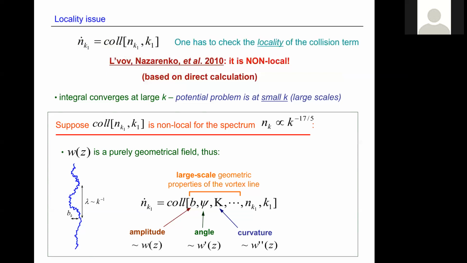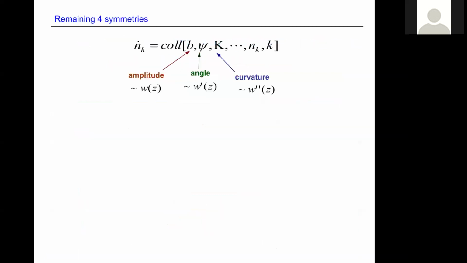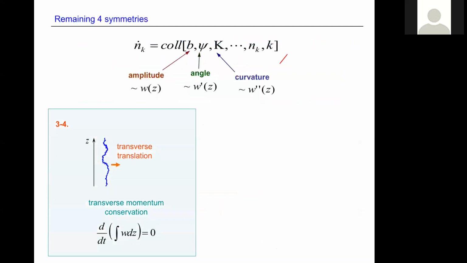So in the collisional term, I need to consider the kinetics of those short waves on top of the long wavelength structure, which I can actually parameterize because these collisions happen locally at the length scale of order of the wavelength. I can parameterize by long-range geometrical characteristics of the vortex line, such as, for instance, the amplitude, the angle, the curvature, and I can keep adding terms if I need to. However, I see that from the symmetry considerations, I can rule out most of them.